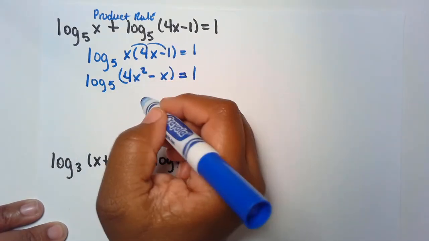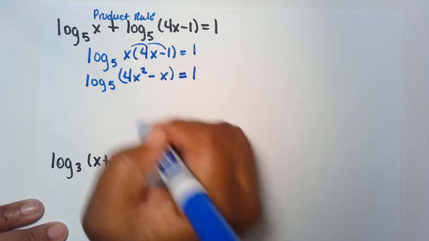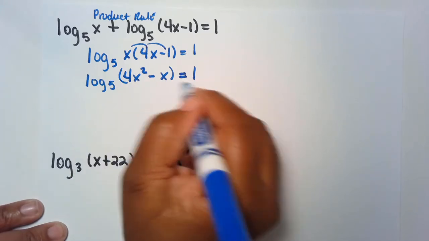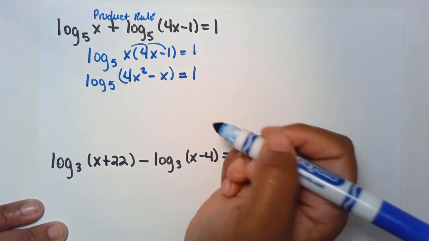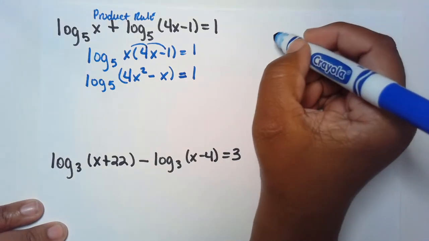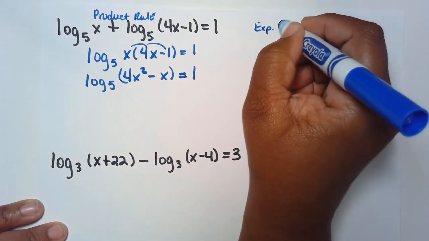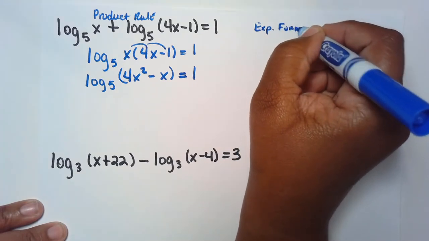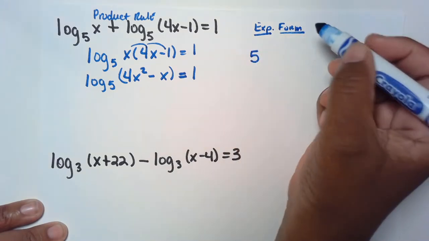Now that we've condensed the left side, at this point let's write this equation in exponential form. So we have here, what is the base? Exp form, that's what we're going to do next. What's the base? 5 raised to what?